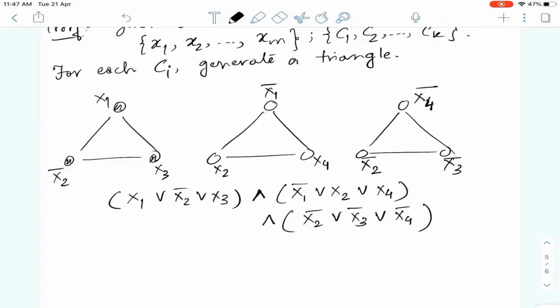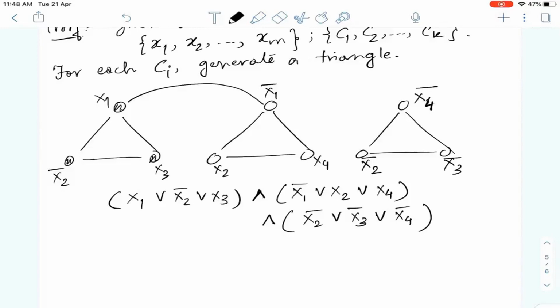By definition, an independent set says that there should not be an edge between two vertices that you have picked, so I simply add an edge between these two. We say that there is a conflict between these two vertices, because one of them is labeled with x1, the other is labeled with x1 bar.